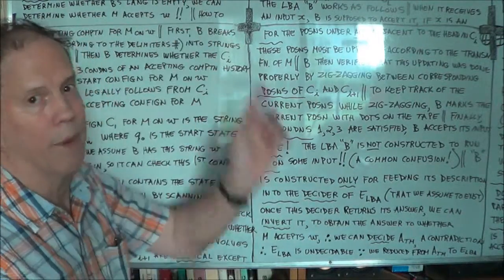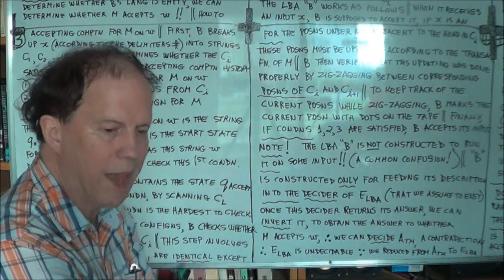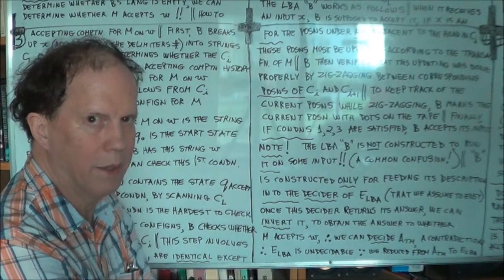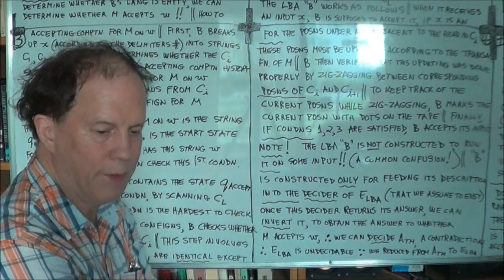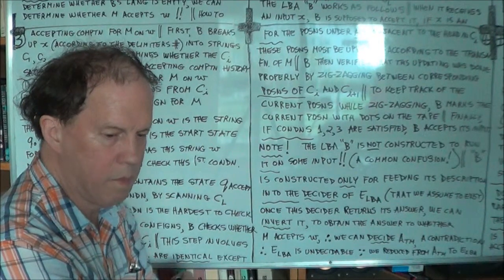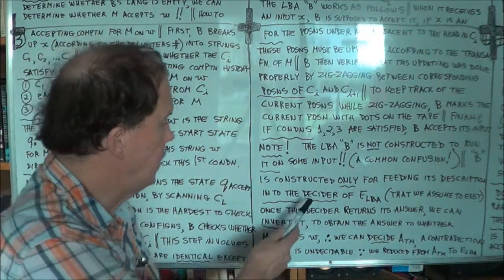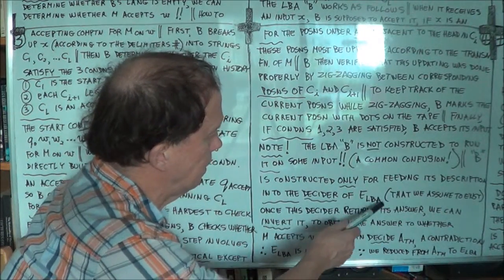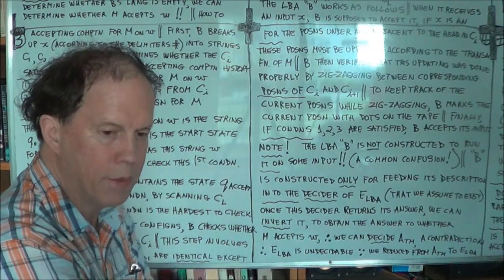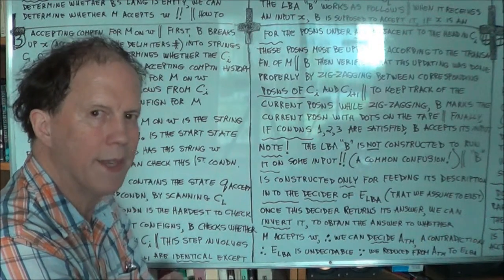Remember, there's at most one string in the language of B. So if this Turing machine accepts, that means there are zero strings in that language. L of B is the empty set.